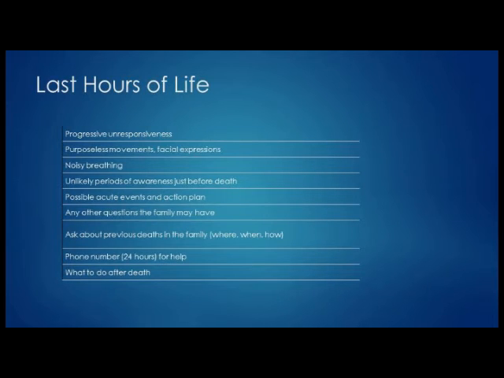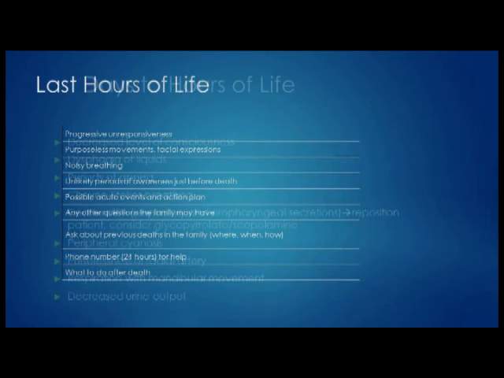I've heard multiple family members say that they had a terrible event with a previous family member, and that's what actually makes them develop PTSD. And then what to do after death: if there's an autopsy that would be necessary, or what type of funeral arrangements they would like to have.